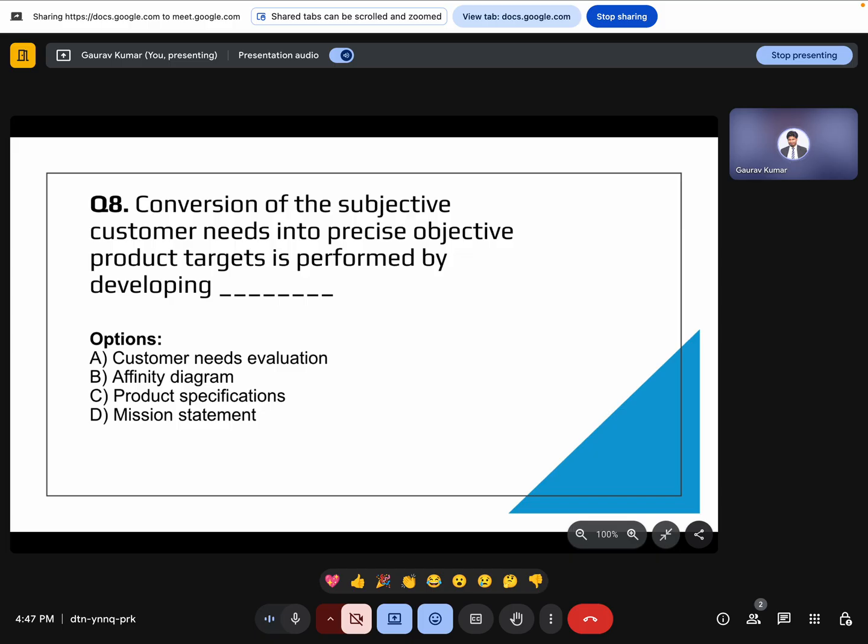What is the right answer? Customer needs are often expressed in vague qualitative terms such as lightweight, easy to use, or comfortable. To design effectively, these must be translated into clear measurable objectives. So the correct answer is product specifications, right?